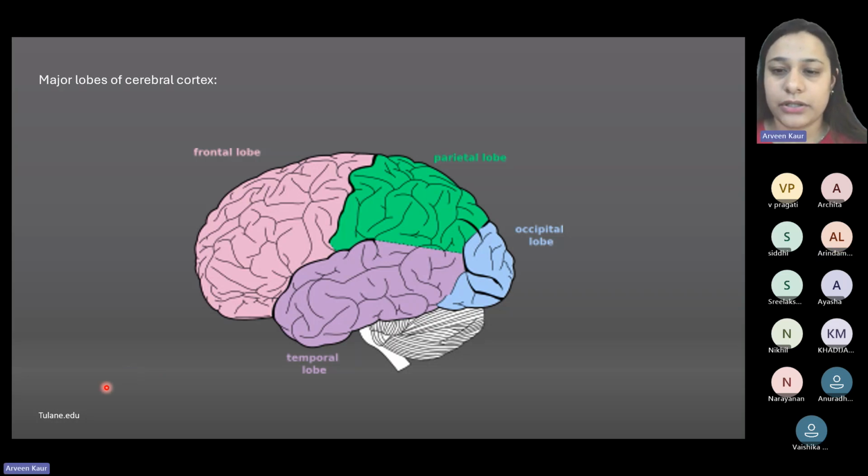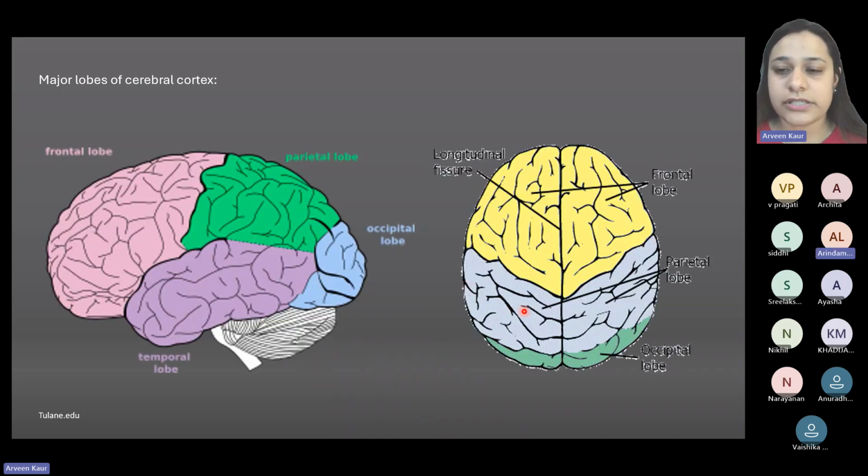Like we had talked about briefly when we were talking about the cerebral cortex, there are these four major areas in the cortex: the frontal lobe, parietal lobe, temporal lobe, and the occipital lobe. Right, and we will briefly look at what their functions are. Also, if you look at them from the top, what you see is the frontal lobe, the parietal lobe, and the occipital lobe.